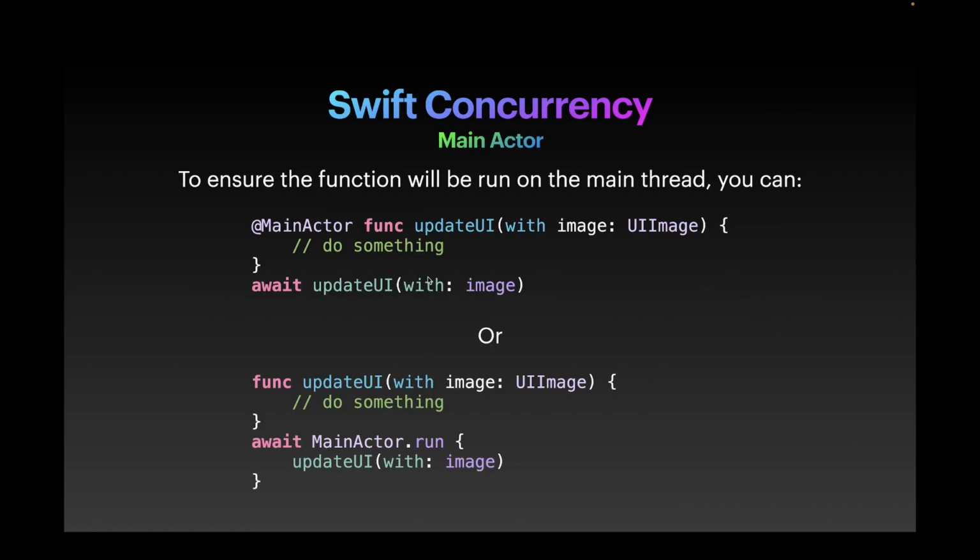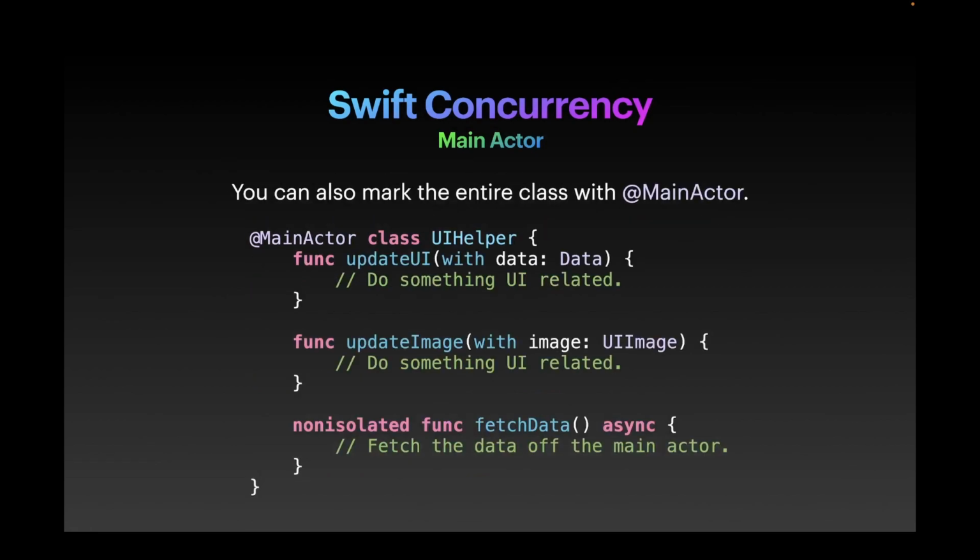The other approach you can choose is to call it in await MainActor.run. You already saw both cases before when we were talking about the web URL. Or there's another approach: you can also mark the entire class with @MainActor.